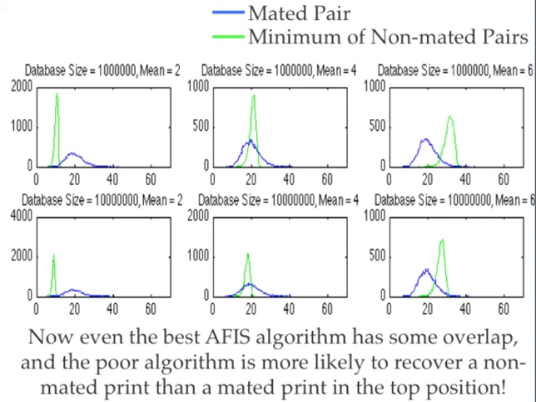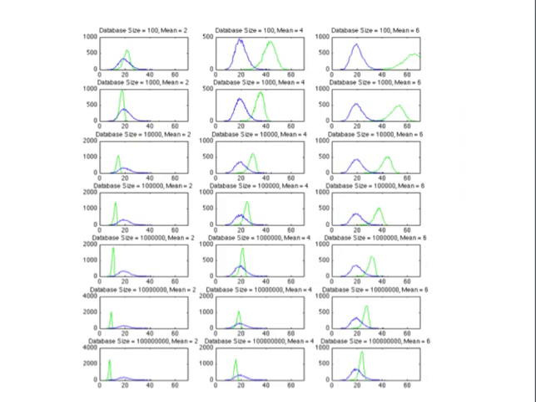So these large databases have a lot of overlap between the closest non-match and the mated pairs. Here are all of the graphs, and this is a little bit small and I won't dwell on this too much other than to show that for all of these different AFIS matchers, the relatively poor one here to the relatively strong one here, as you increase the database size, which is what we're doing as we go down each row, we can see that the non-mated pair distribution starts creeping to the right while the mated pair distribution stays the same.